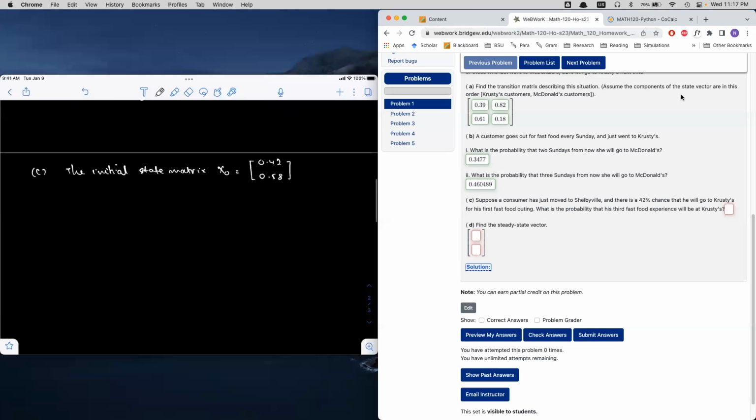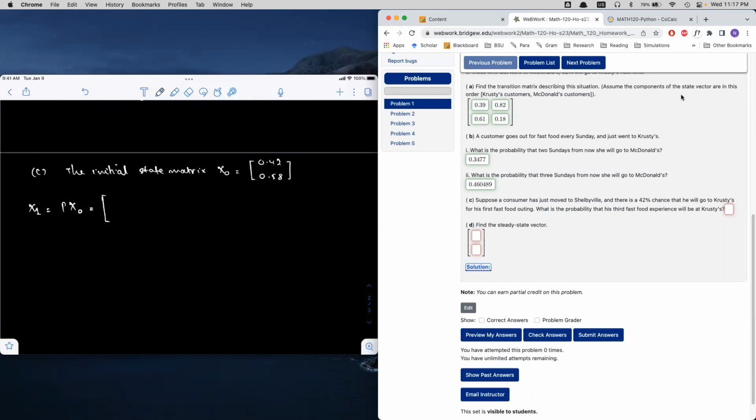Now, what you do is perform the same calculations, but with the different initial state matrix. The first outing gives x0. For the next outing, you have P times x0, where x0 is 0.42 and 0.58.